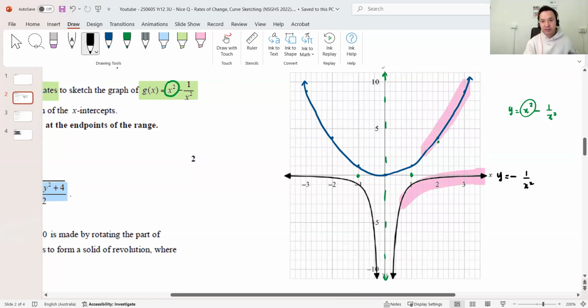So this blue line becomes the asymptote. I'm expecting something using the blue line as a guide for the asymptote.